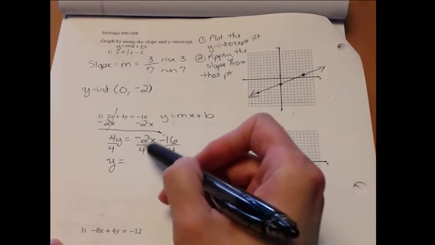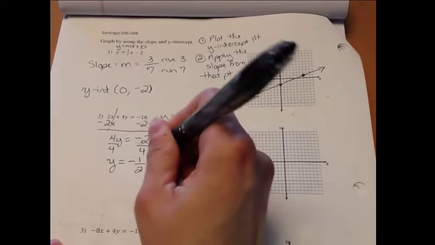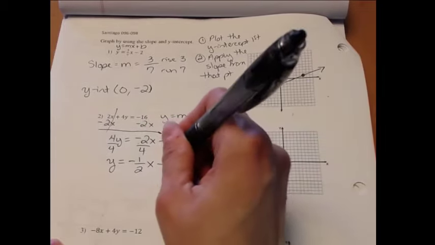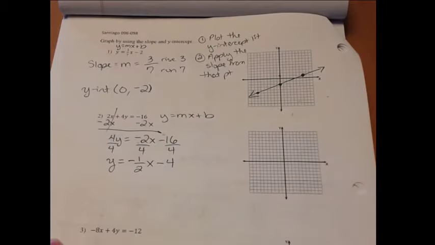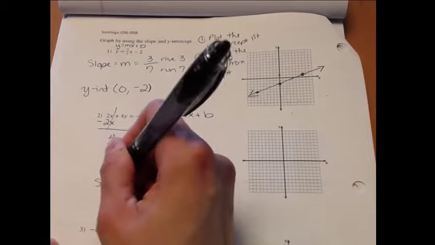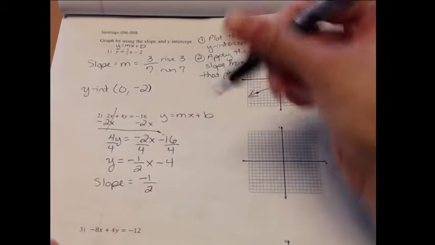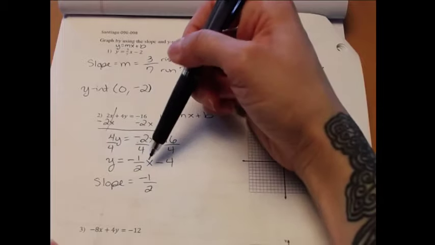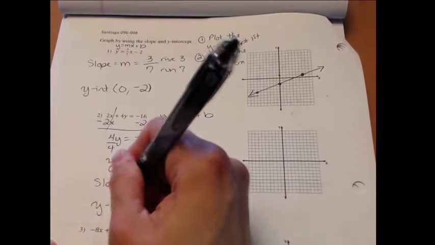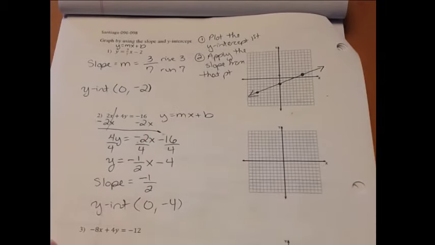Please always reduce. We're going to divide each by 2. That leaves me with negative 1 over 2x. And then negative 16 divided by 4 is negative 4. So on that note, let's identify the slope. The slope is negative 1/2, right? y equals mx plus b. And the y-intercept in this case is 0, negative 4.